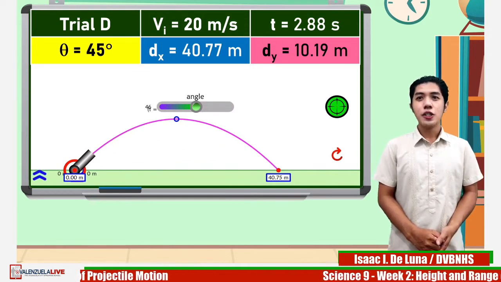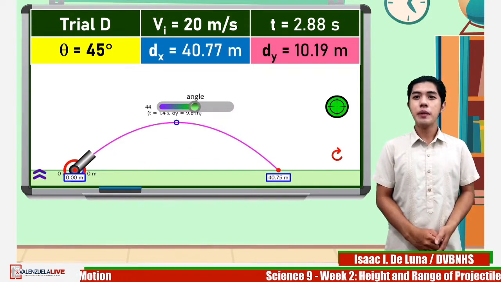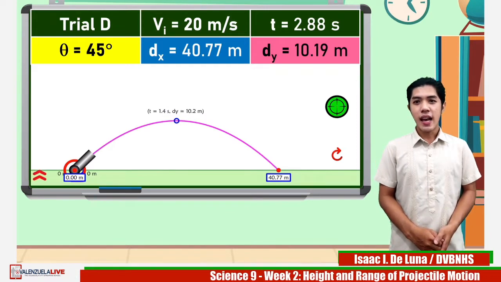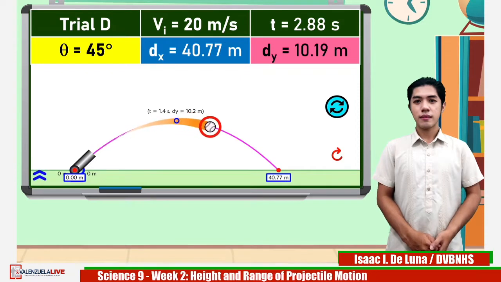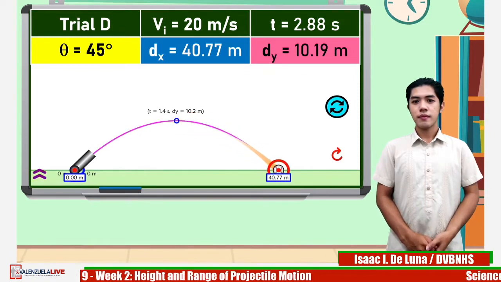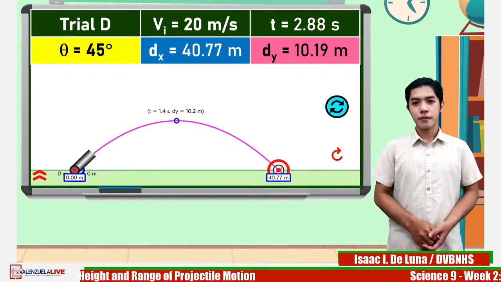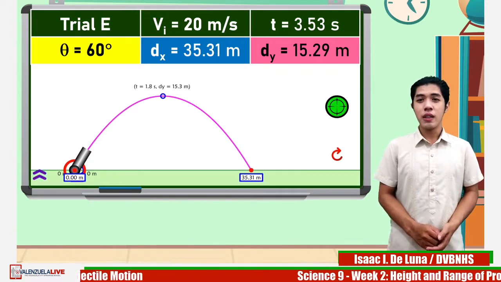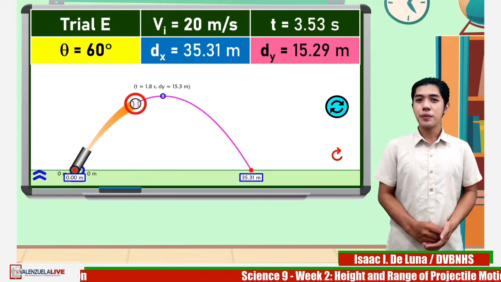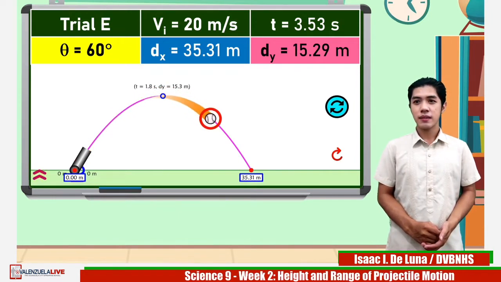Trial D shows a ball launched at 45 degrees from the x-axis. Trial E shows a ball launched at 60 degrees from the x-axis.